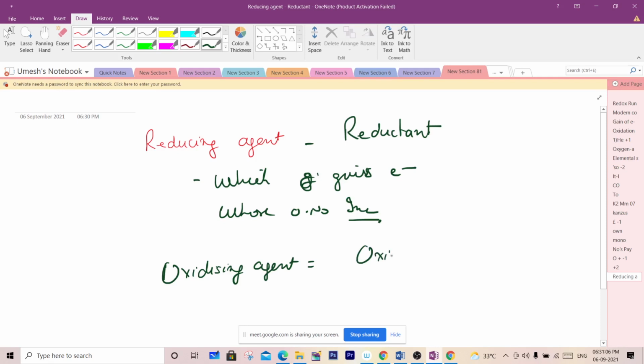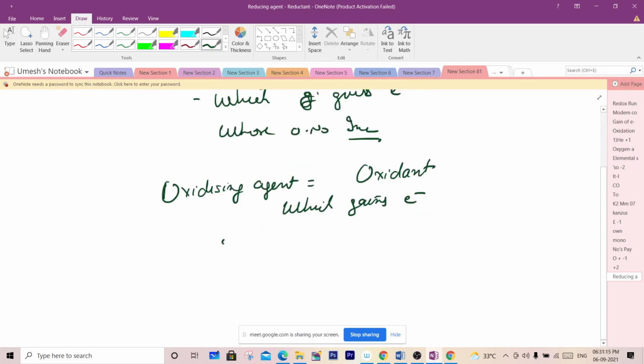It is also called an oxidant, which gains electrons, whose oxidation number decreases. Whose oxidation number decreases is the oxidizing agent. Understood?